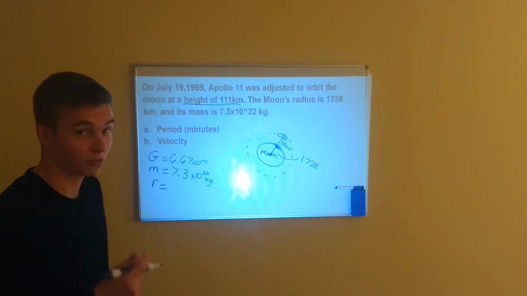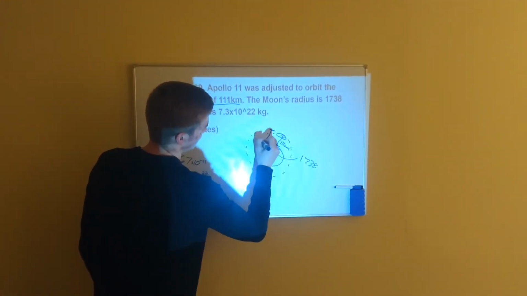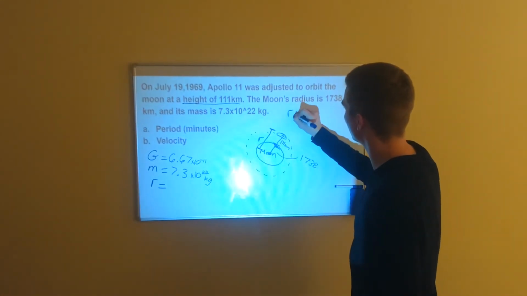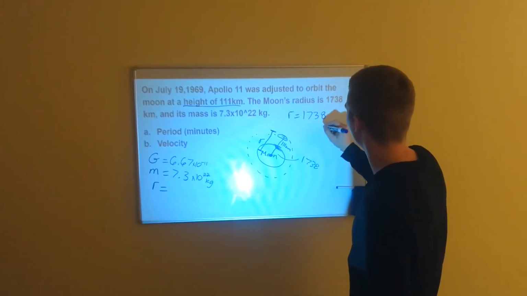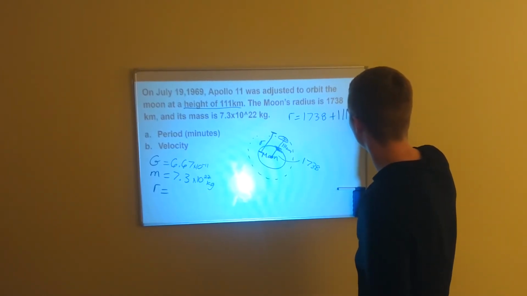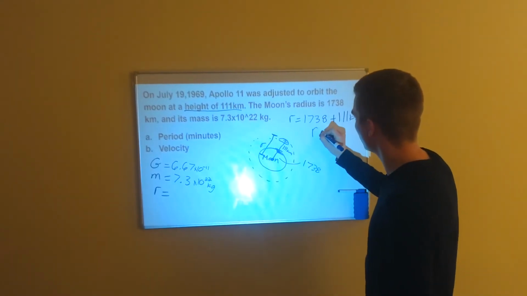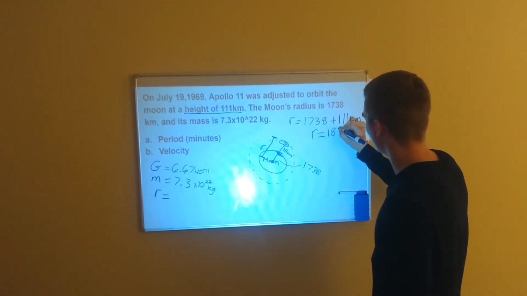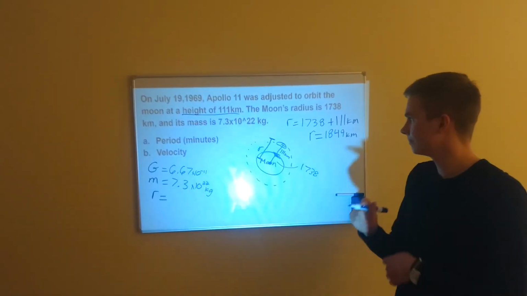So, if R is the value from here to the center, R is going to be 1,738 plus 111 kilometers. Okay? So then in turn, our R value is going to be equal to 1,849 kilometers. Okay?